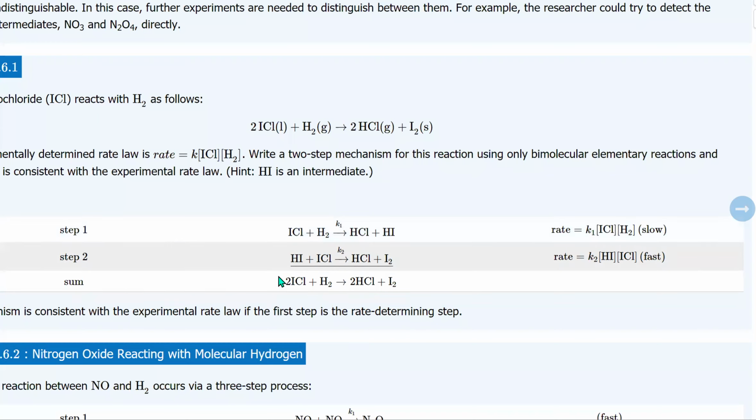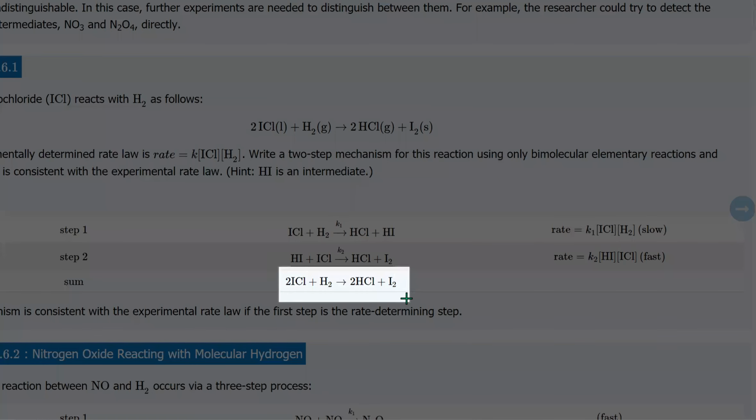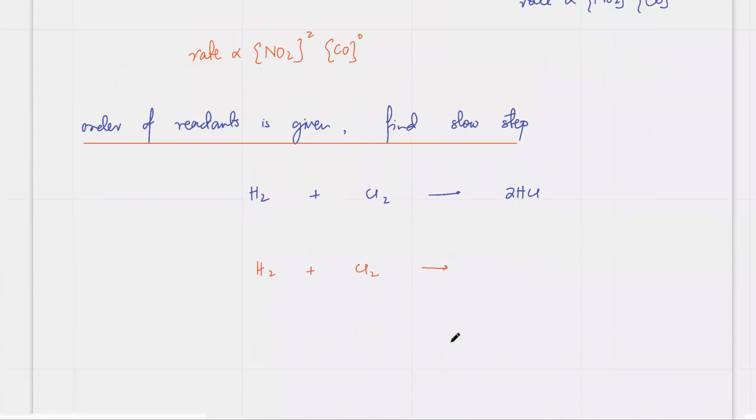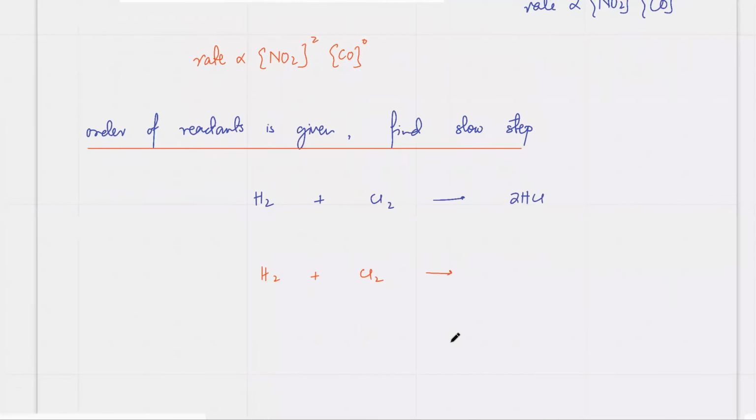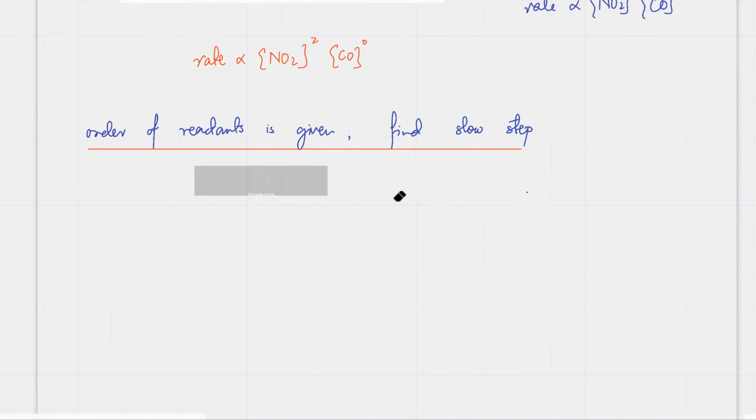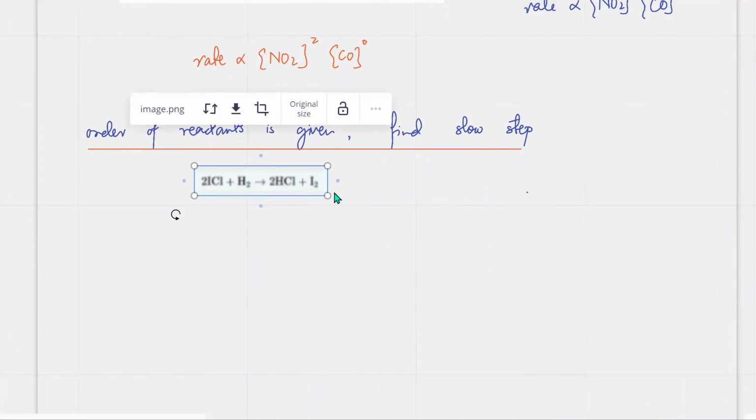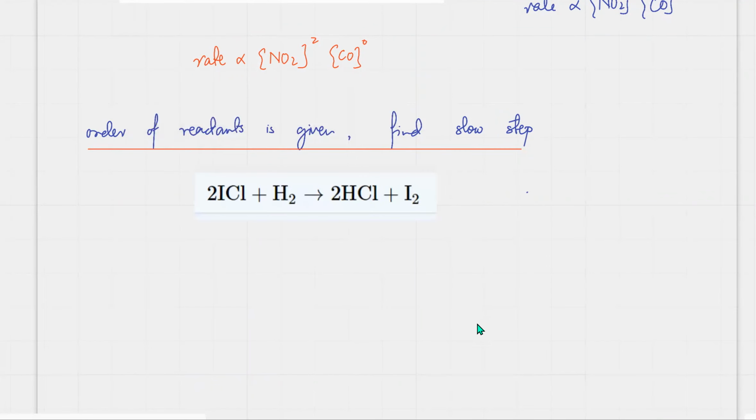Okay, let's write the equation first. That's the overall reaction.